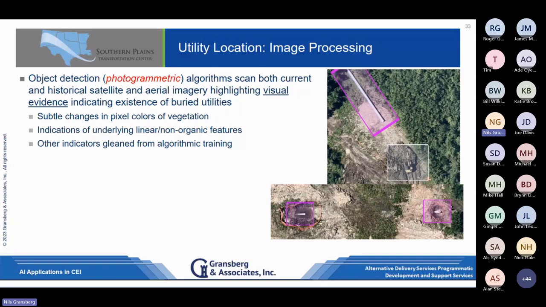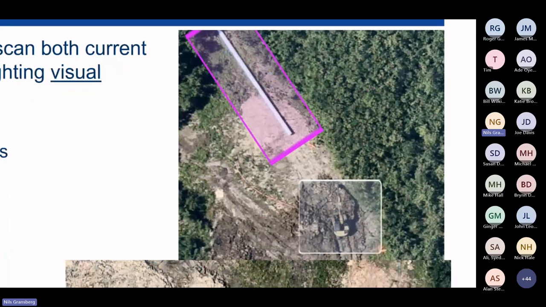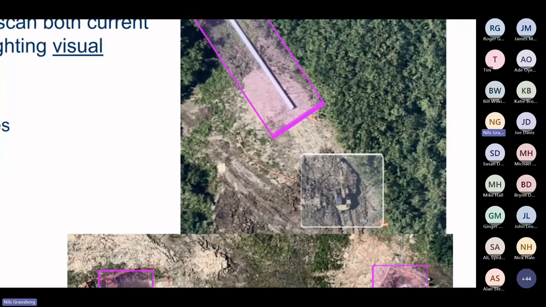Where there could be buried utilities. So on this one here, it identifies, hey, there's an excavator here. Here's some pipe that's laid out here, and this box is just saying the computer vision algorithm identified something here, and then it's going to try to characterize it.